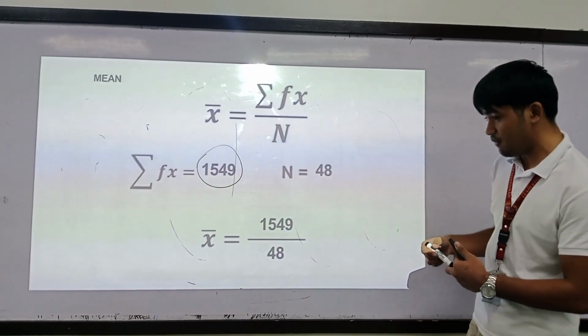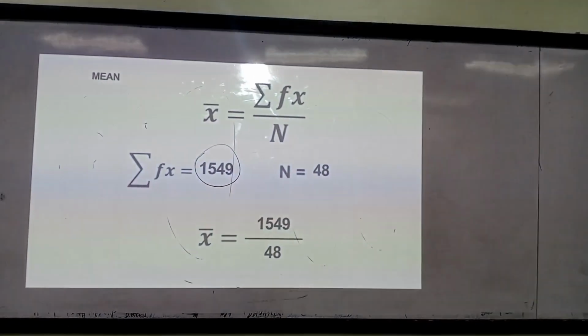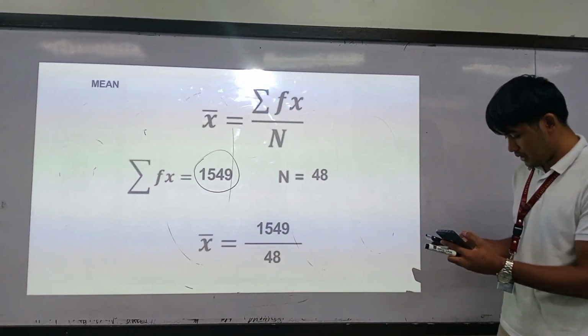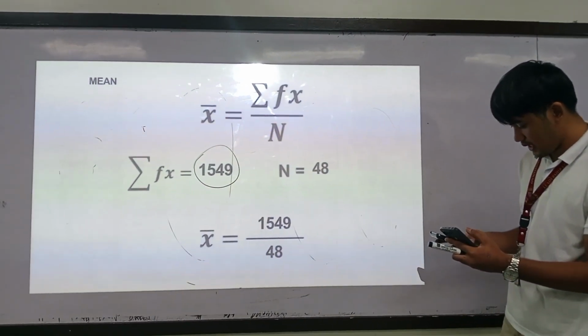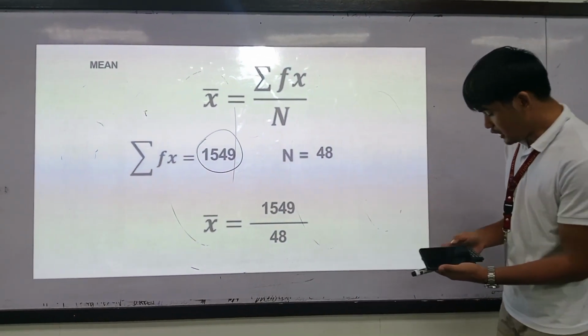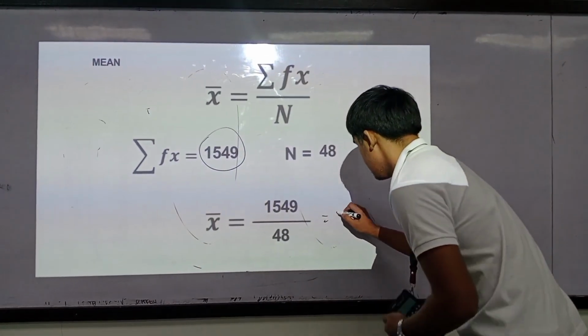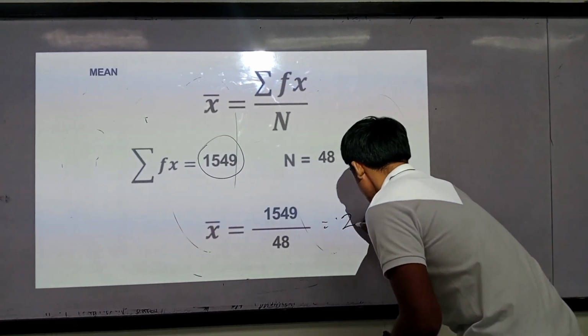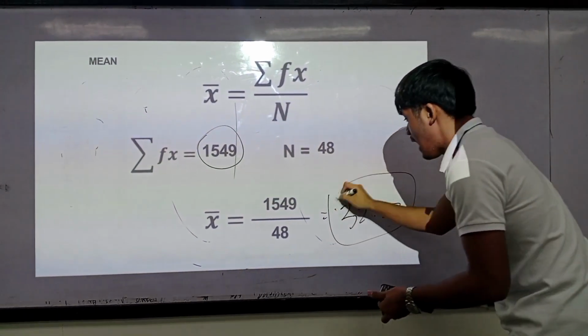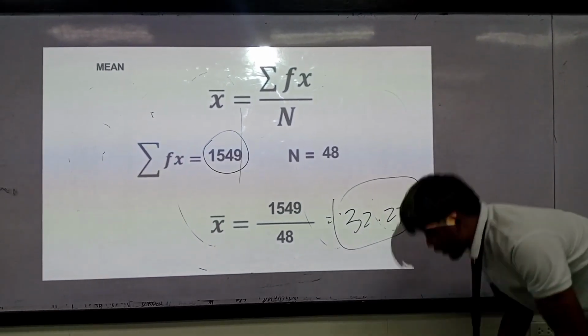Then we can get the value of our mean: 1,549 over 48 is equal to 32.27. So this is now our mean.